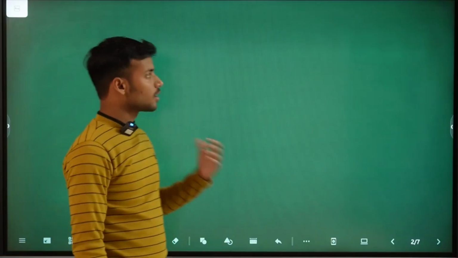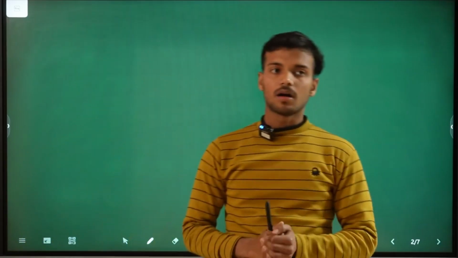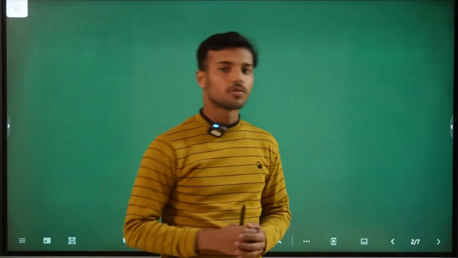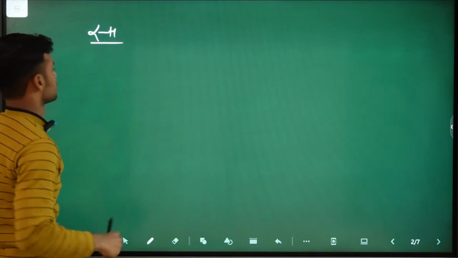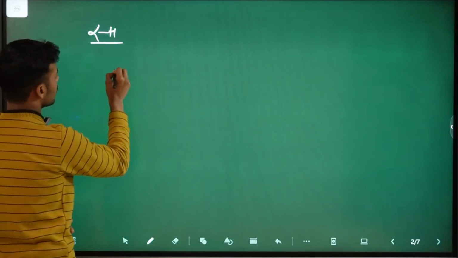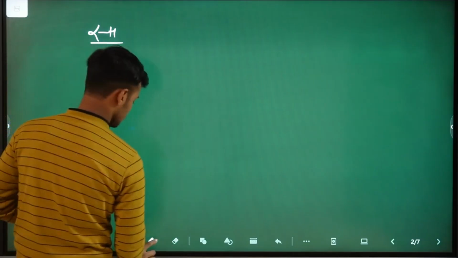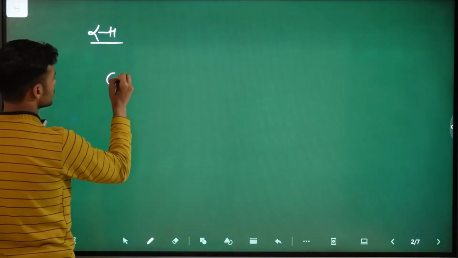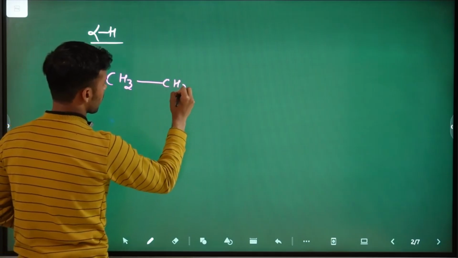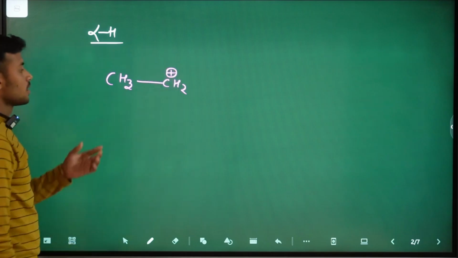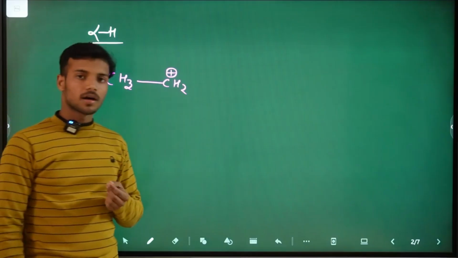Before discussing the mechanism of the hyperconjugation effect, I want to introduce alpha hydrogen. What is alpha hydrogen? Take an example. The carbon attached to a functional group is called alpha carbon.